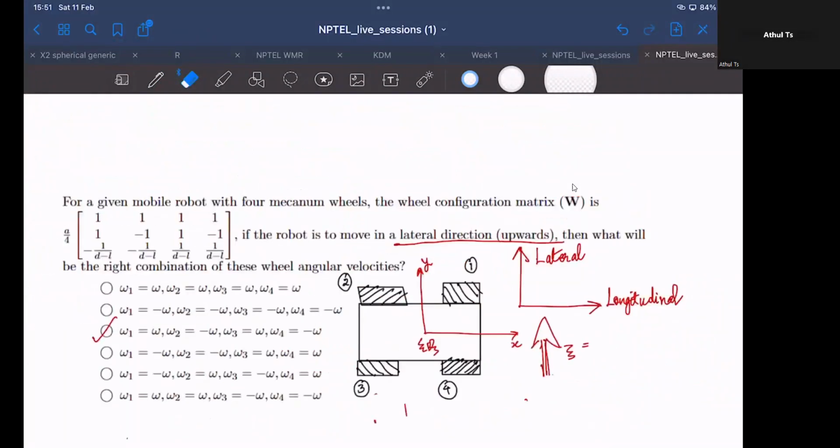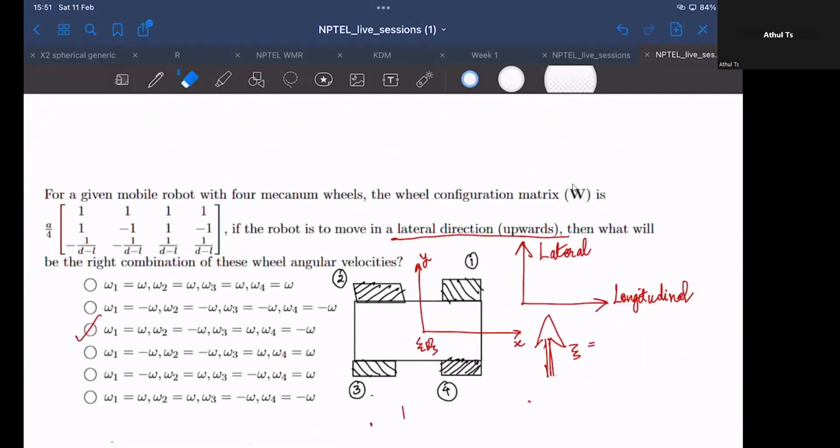So I'll start with the question. It says for a given mobile robot with 4 mechanism wheels, the wheel configuration matrix is given as this one. And if the robot is to move in a lateral direction upward, then what will be the right combination of the wheel angular velocities?